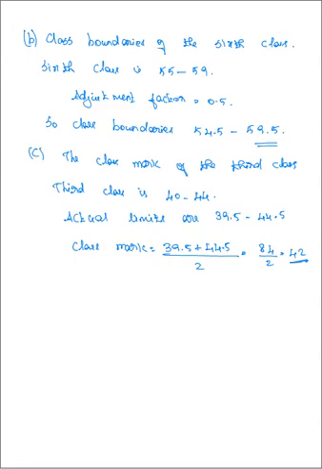Then the question is B. The upper and lower limits of the fifth class. Fifth class is 50 to 54.